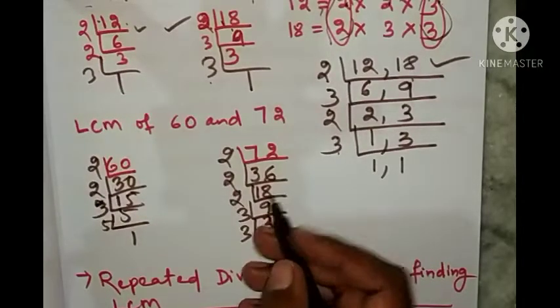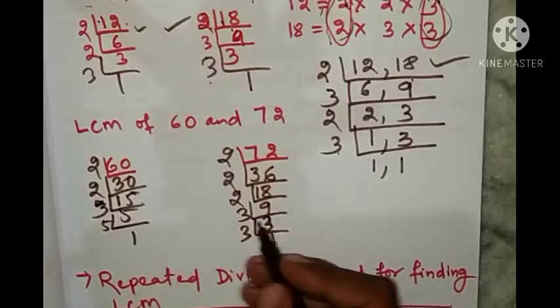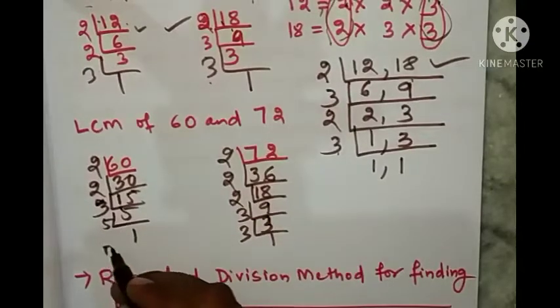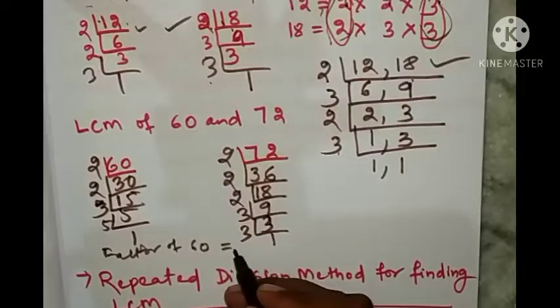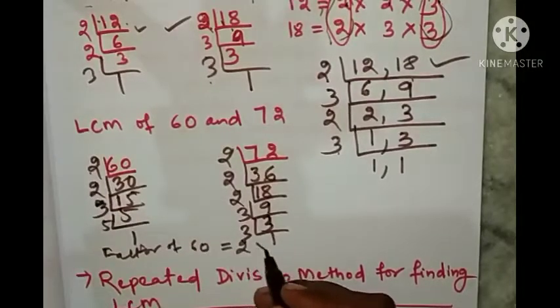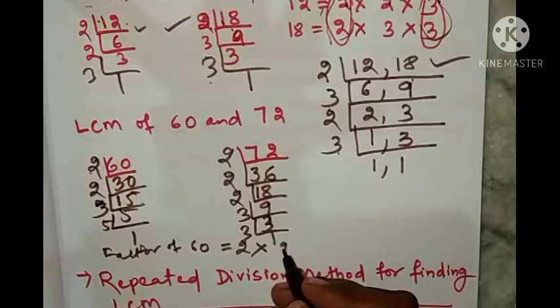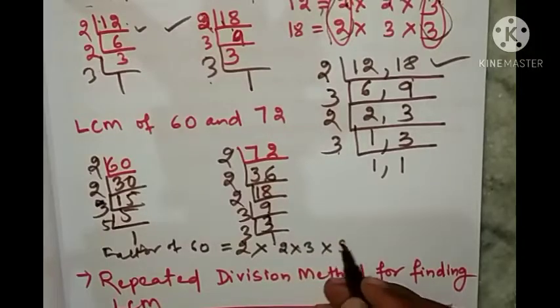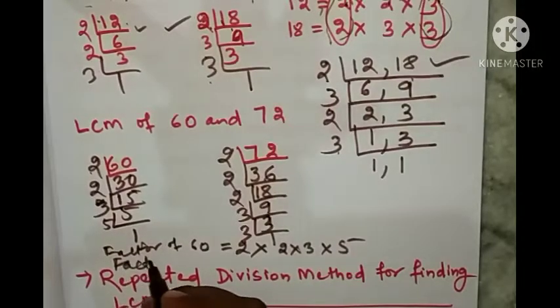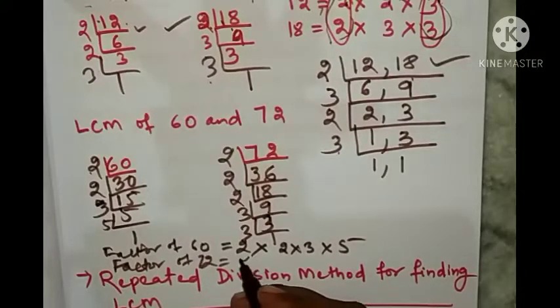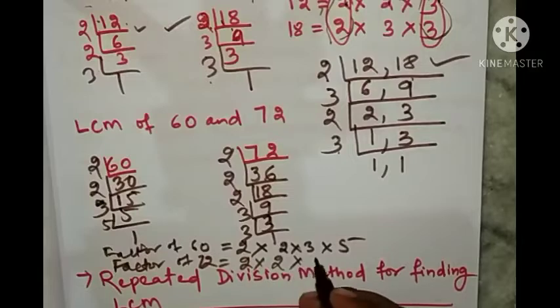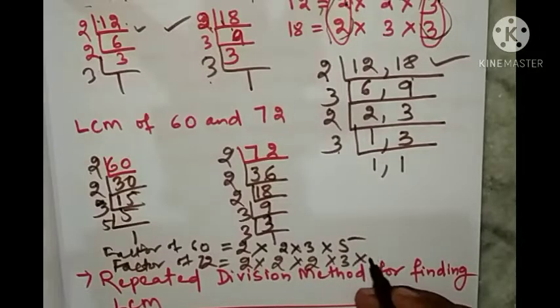The factors of 60 are 2 into 2 into 3 into 5. The factors of 72 are 2 into 2 into 2 into 3 into 3.